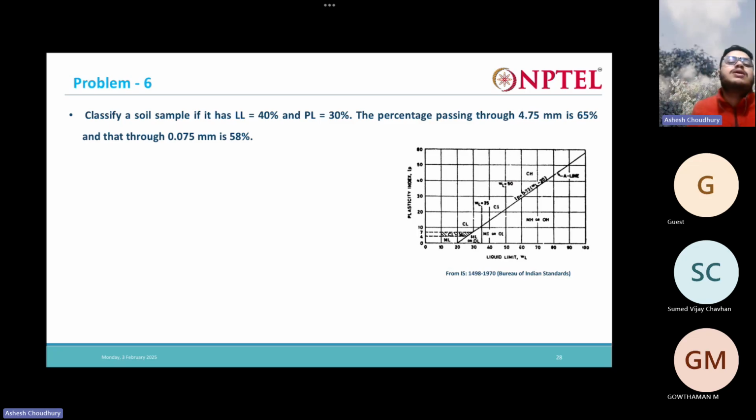First tell me whether the soil is a fine grained soil or a coarse grained soil. First major group you have to decide, right? What is it?